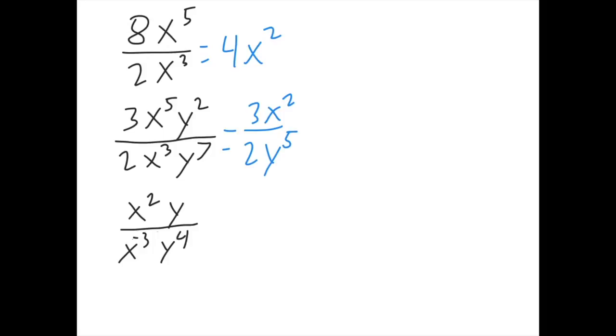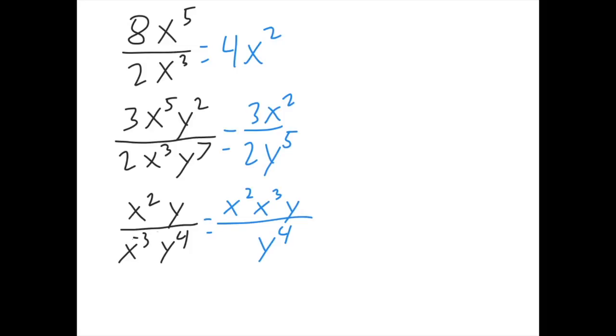Before we do anything, we want to rewrite this expression. Now we're going to have x squared times x cubed y divided by y to the 4th. See what we did there? We just took this x to the negative 3, brought it up, and got rid of the negative. So that's the first step.